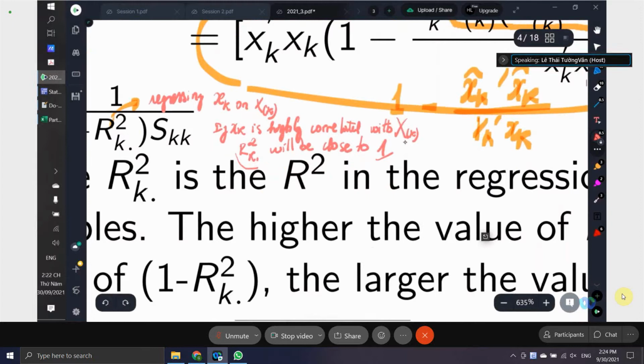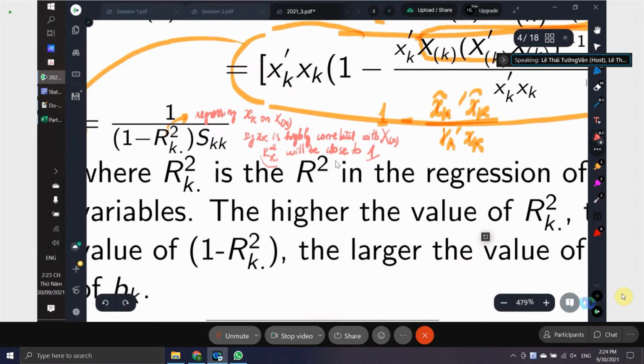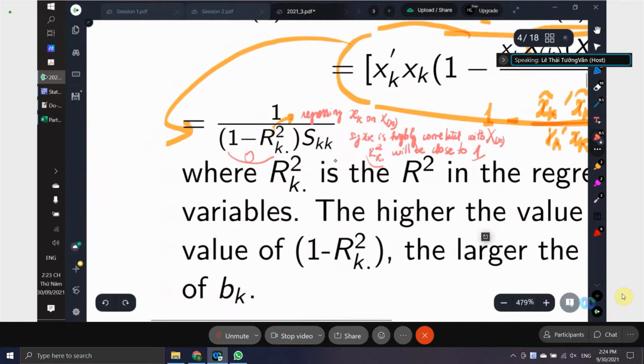Yes, it will be close to 1. When it is close to 1, 1 minus something close to 1 will be close to 0. 1 divided by something that is close to 0, the whole thing will be close to infinity.